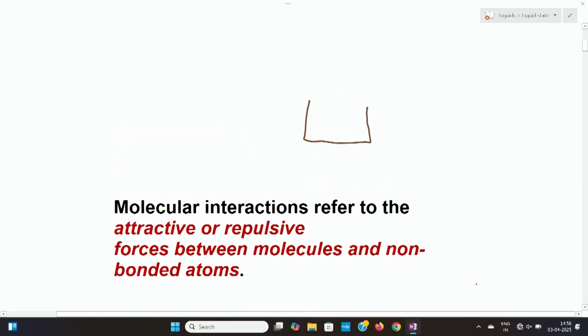As we saw in the introduction, the molecules are arranged like this in liquids, with some spaces in between. Therefore, there are interactions in liquids: attractive forces and repulsive forces.